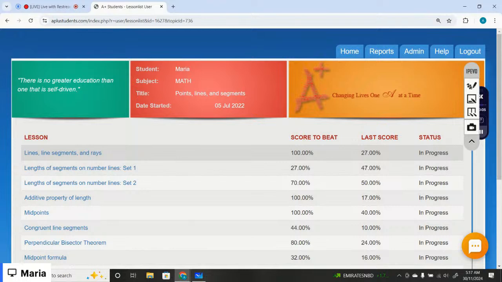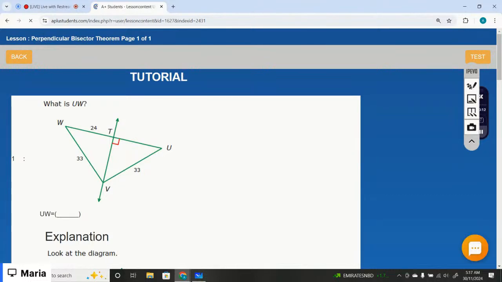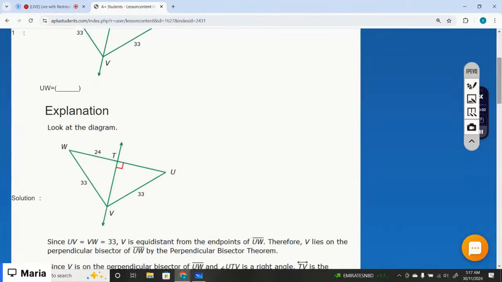The next lesson is perpendicular bisector theorem. What is UW? VT is actually the perpendicular bisector on the line, right?